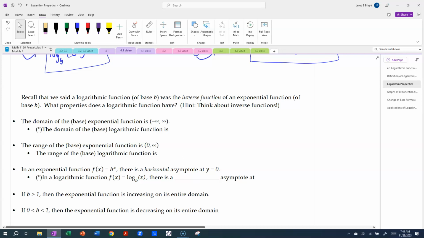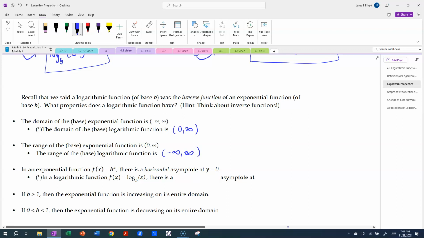In particular, the domain of the original becomes the range of the inverse. So if the domain of an exponential function is all real numbers, that's the range of a logarithm. And if the range of the exponential is 0 to infinity, then that becomes the domain of a logarithm.